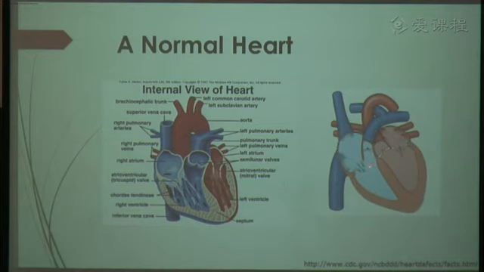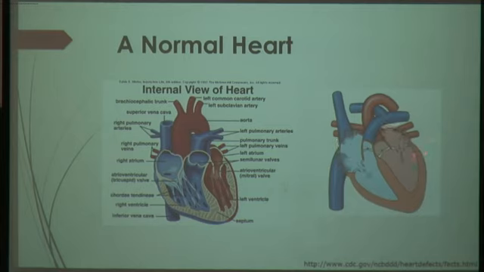And normally, they function like this. Blood comes from the body to the heart. The oxygen-poor blood flows to the right atrium and goes to the right ventricle, and from the right ventricle it goes into the lung to get more oxygen.